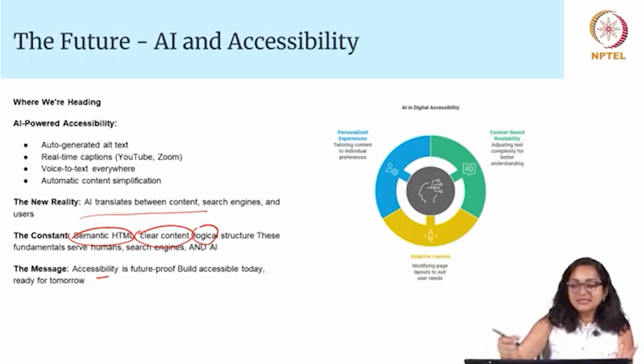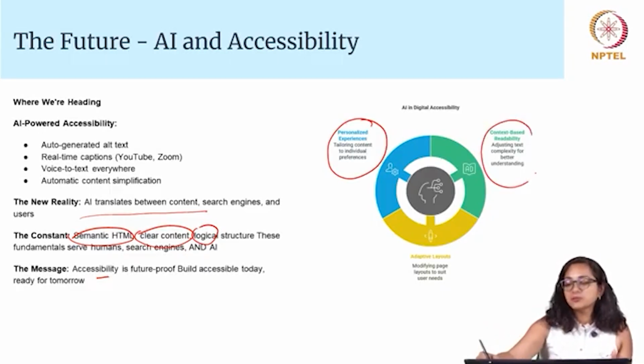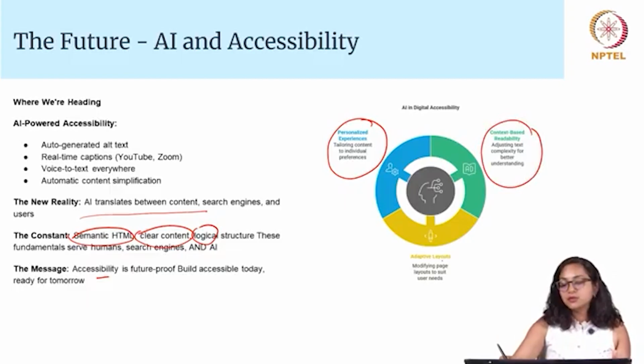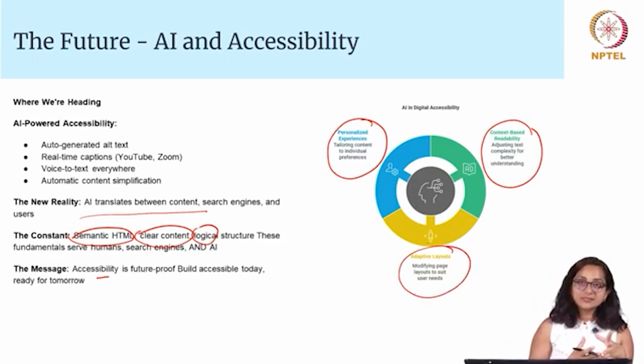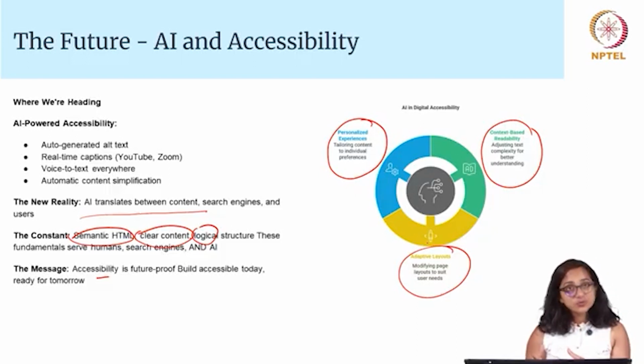So basically with AI and accessibility, we are talking about personalized experiences, content-based readability, adaptive layout. All of those things not only increase accessibility but also enhance search engine rankings, increase engagement, increase cross-platform accessibility and robustness, increase voice-based interaction, and thus engage users more and reach a wider user base.